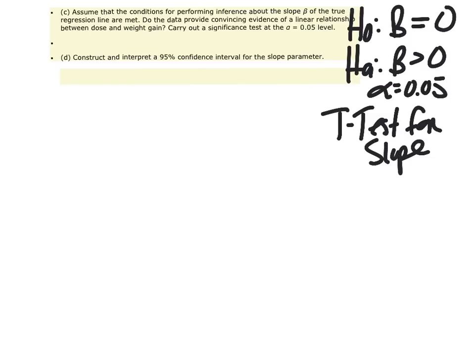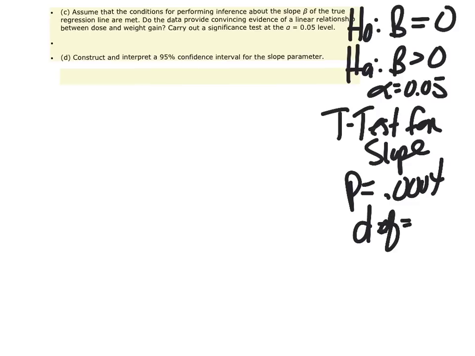The p-value, if we define that, we can actually go back to the computer output. The p-value for this, you're going to see it's under the word dose, under the p, it's 0.0004. Degrees of freedom, there are 15 chickens, but remember for regression, our degrees of freedom is 15 minus 2, so 13. And that would be enough for the do.